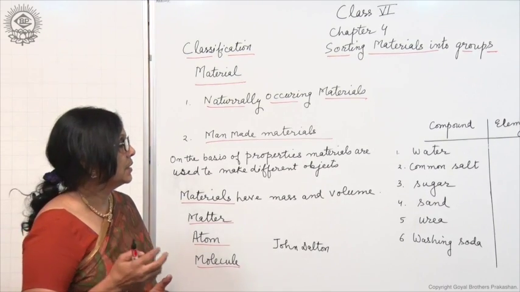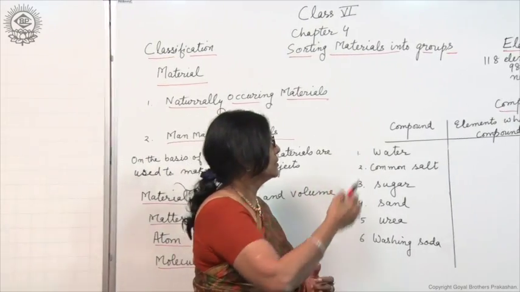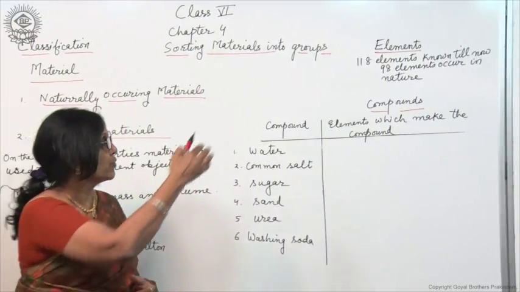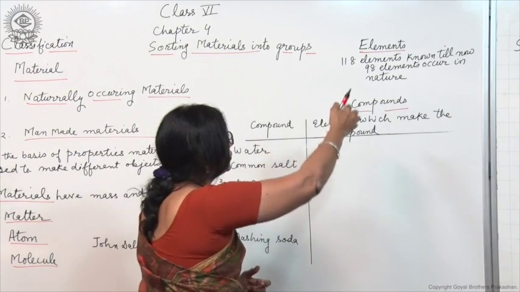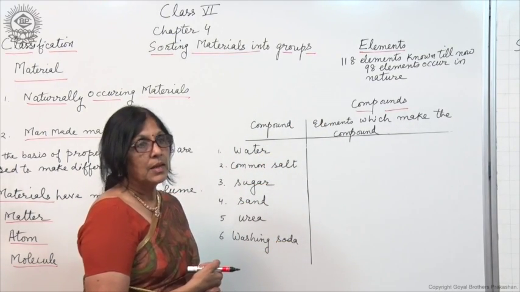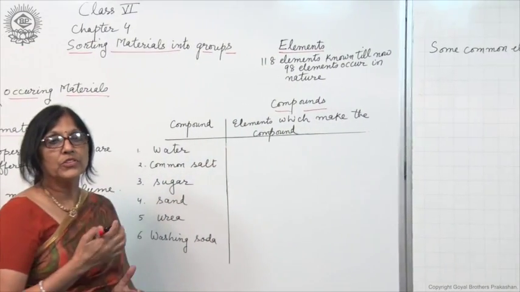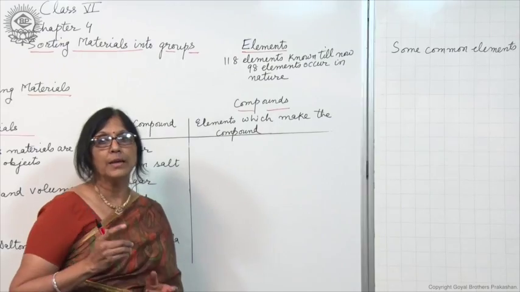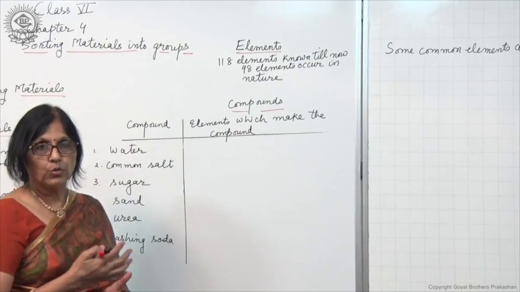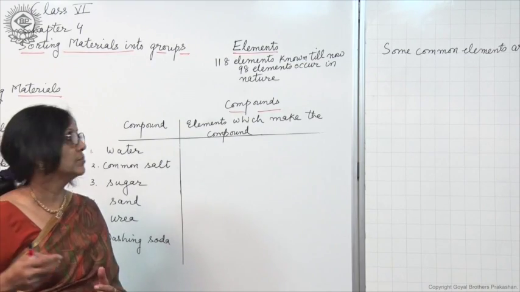Now, another pure form of matter we have to study. Matter exists in two pure forms, elements and compounds. Elements are those pure substances which contain only one type of atoms, like gold, iron, oxygen, hydrogen, helium.